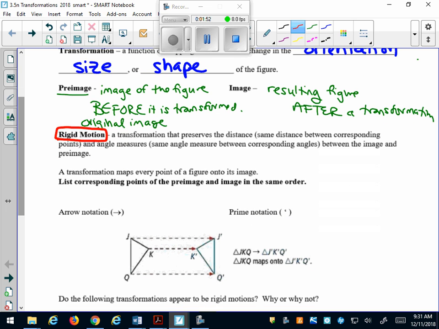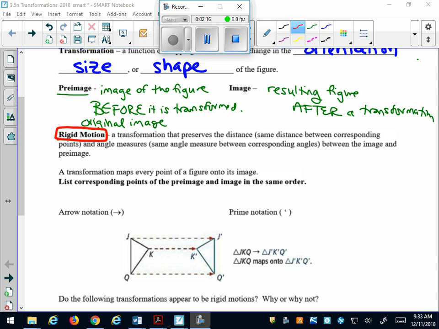What does the word rigid mean? Yeah, Jake? So rigid means stiff, it's not floppy.